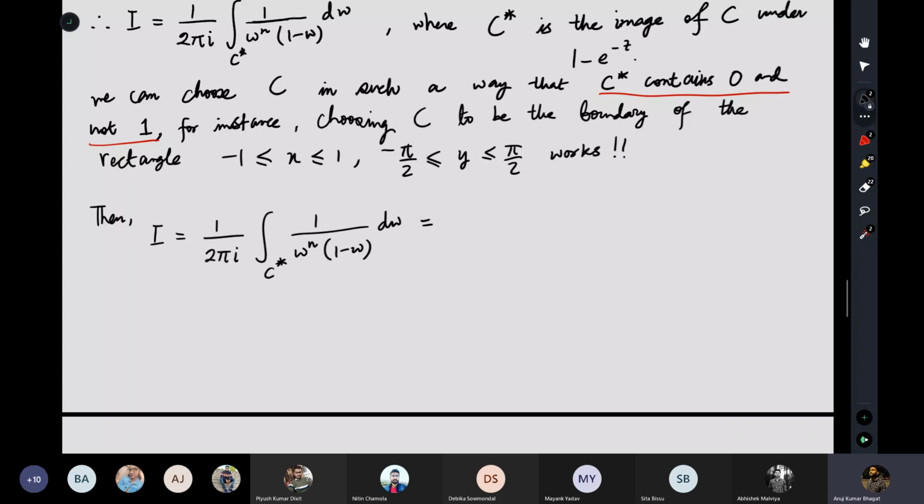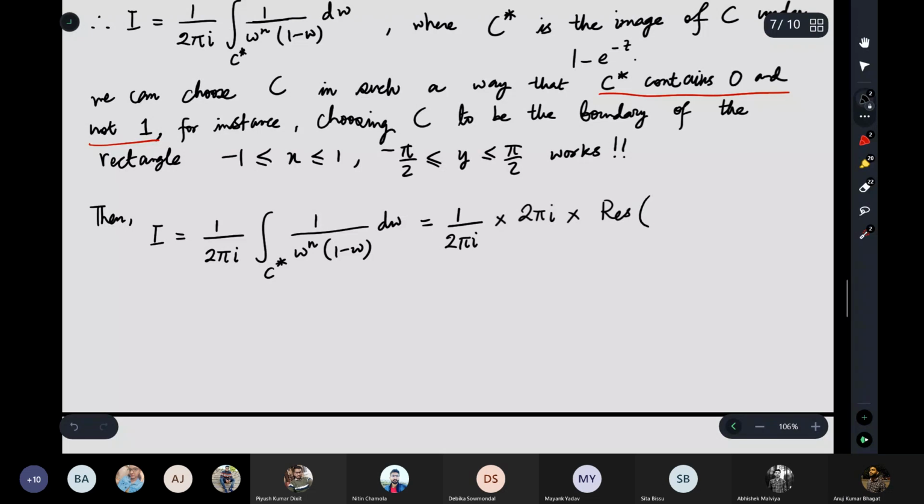So this integral is nothing but 1 by 2 pi i is here due to this fellow here, and by the Cauchy residue theorem it is 2 pi i times the residue of the function at 0. Why at 0? Because only 0 is, look at this, only 0 is there inside C star and not 1.